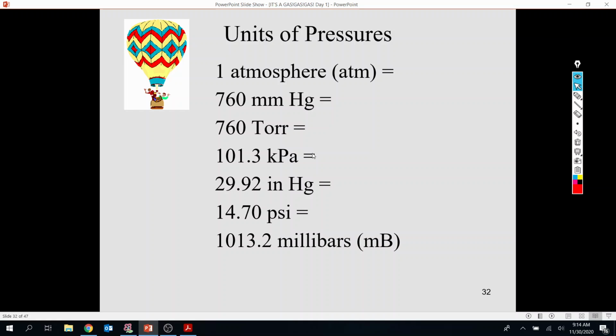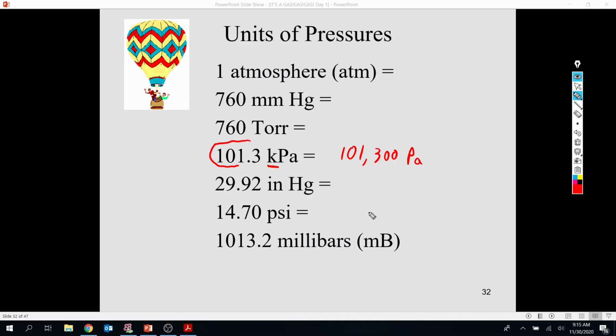Turns out that is also equal to 100 kilopascals, a little over 100, which then if we bumped that 3 spots, you would get 101,300 pascals without the kilo. Remember that kilo is just a metric prefix. However, kilopascals are more common in terms of what you're more likely to see in chemistry.